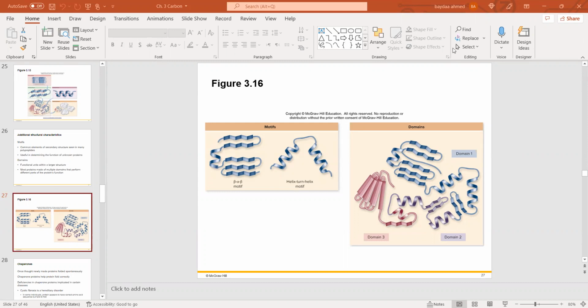In this figure, as you see here, the elements of secondary structure can combine or fold to form motifs. These motifs are found in different proteins and can be used to predict function. Proteins are also made of larger domains, which are functionally distinct parts of the protein, and the arrangement of these domains in space is the tertiary structure of the protein.